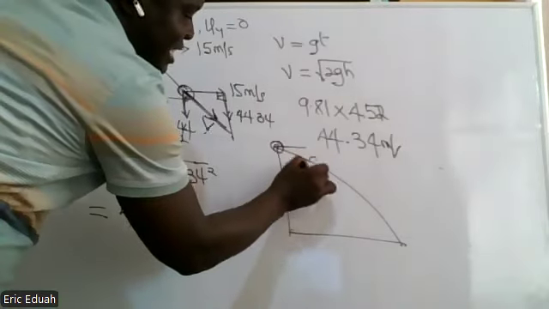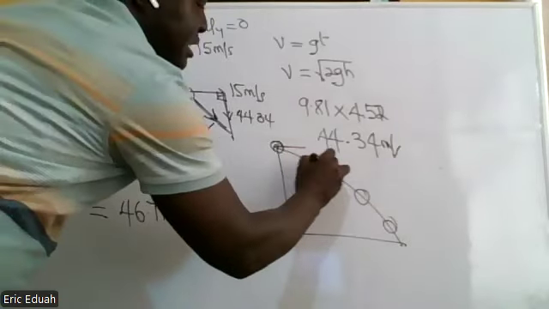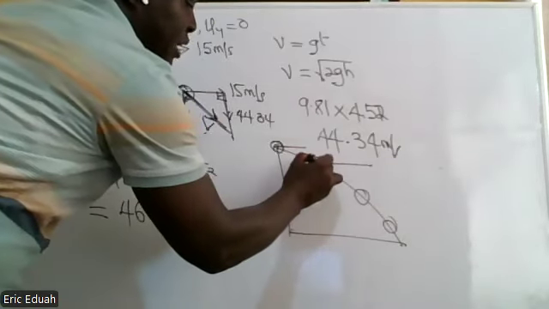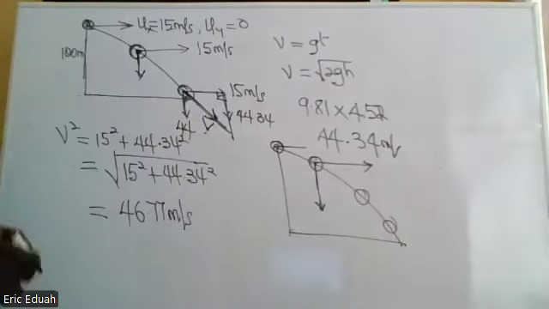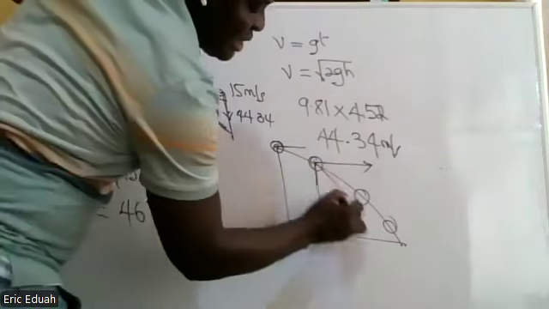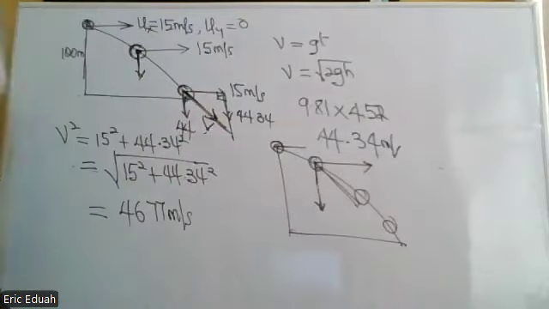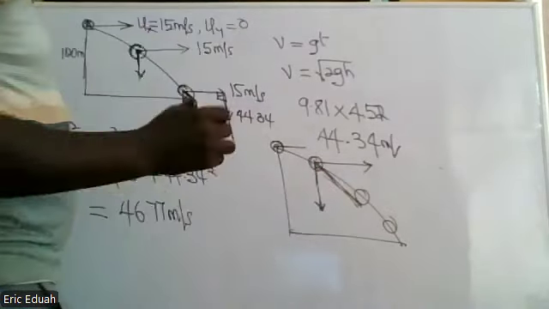But the moment it moves, there are two velocities, the constant horizontal one and the time-dependent vertical one. And if there are two velocities, you must find the resultant. And so we are determining the resultant using Pythagoras theorem.